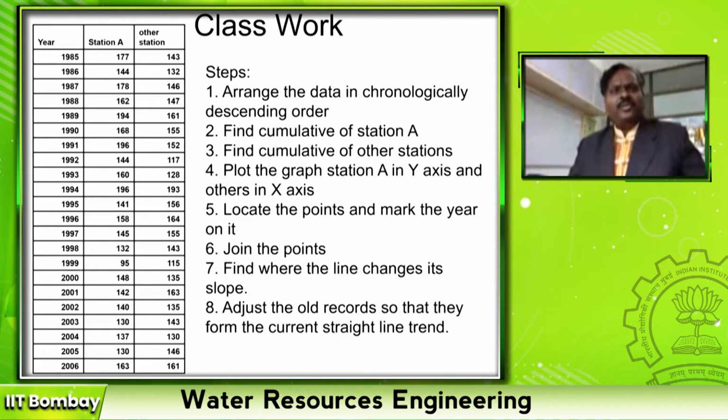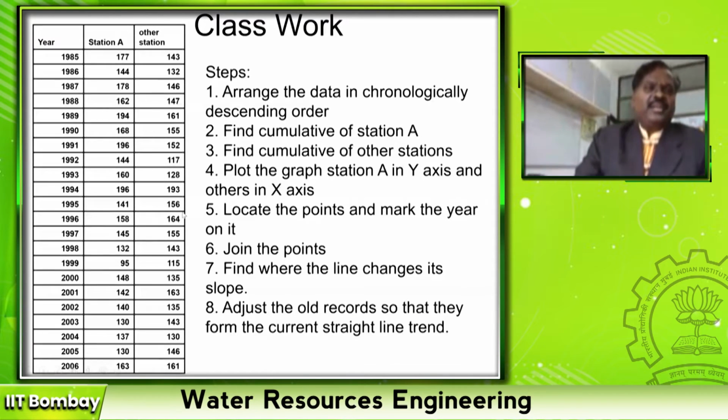What you have to do is, first you have to arrange the data in chronologically descending order, right? Let us say this is data from 1985 to 2006. This is the station A annual rainfall. This is the average of other stations. First you arrange the data in chronologically descending order.